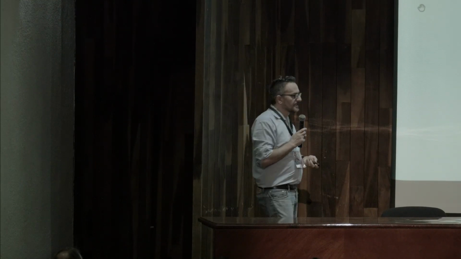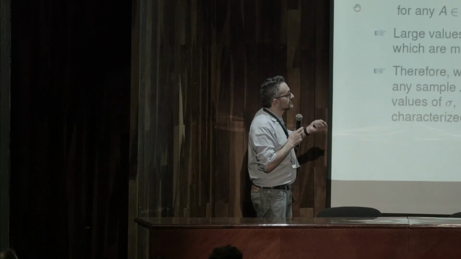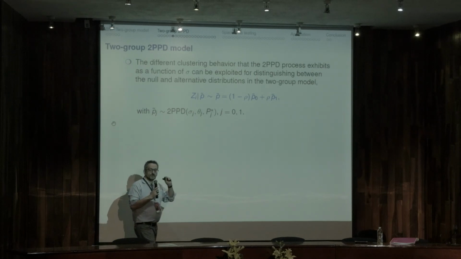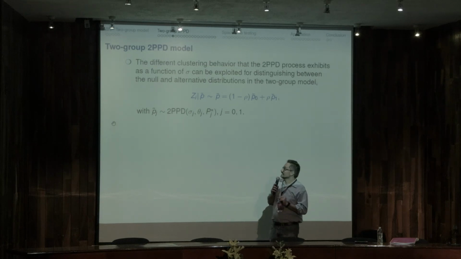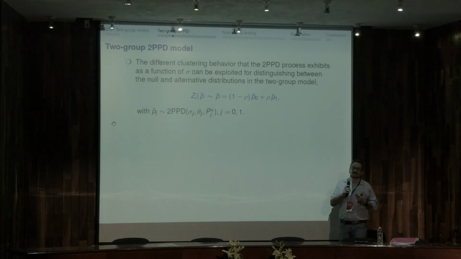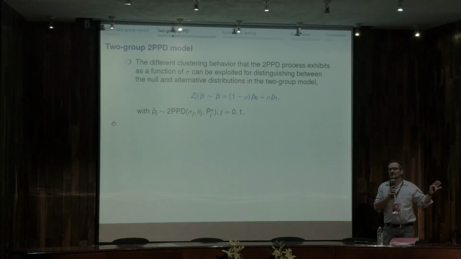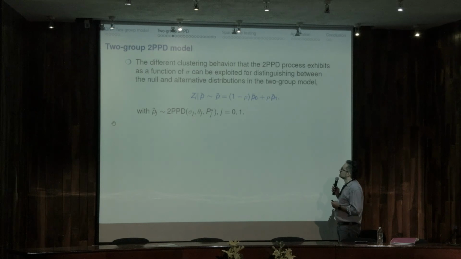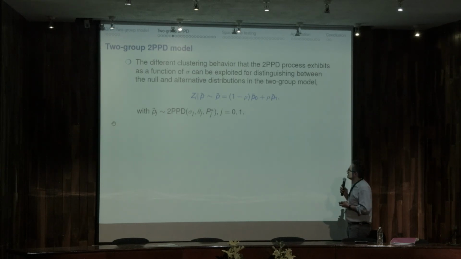A null component and an alternative component. What we've seen before in these slides about the effect of sigma can suggest using these properties to set P0 and P1 in some smarter way than just putting Dirichlet processes on one or the other, right? So think about the properties of the base measure process and try to act accordingly.